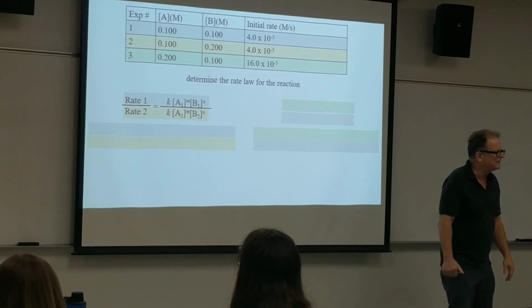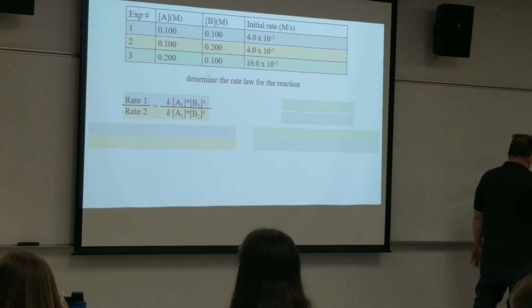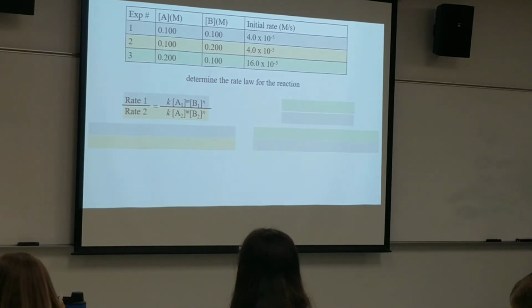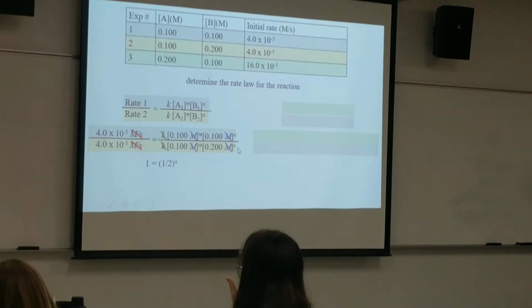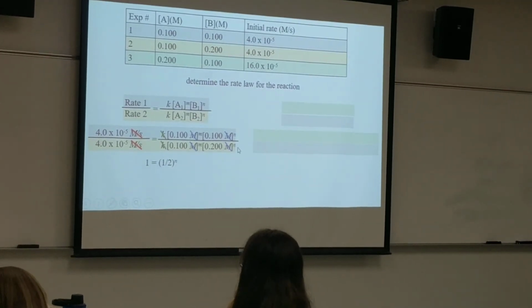Now, one of them is going to cancel out. The one that didn't change concentration will cancel out, and you'll be focused on the other one, which is B. When you solve for B, 1 equals 1/2. This is 1/2 right here, and if it's the same power, you can divide. And so you know anything raised to the 0 power is 1.